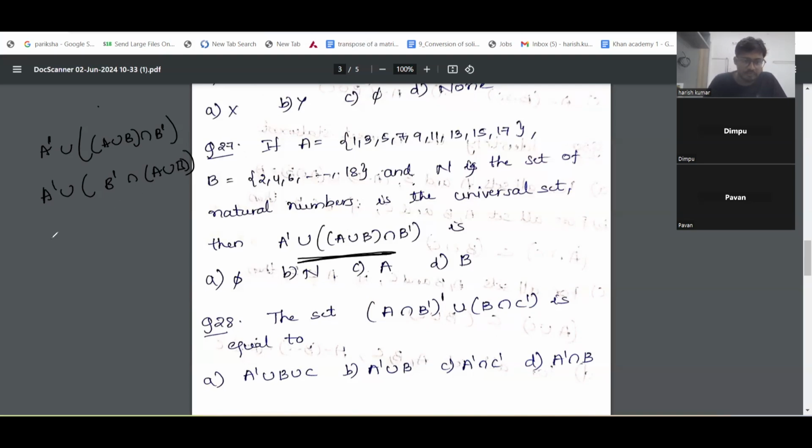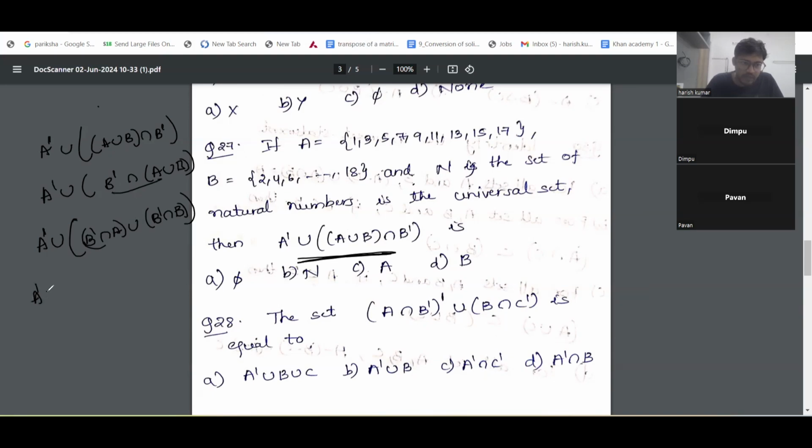So what will this become? A complement union B complement intersection A union B complement intersection B. Understood this step? We have applied the distributive property here.